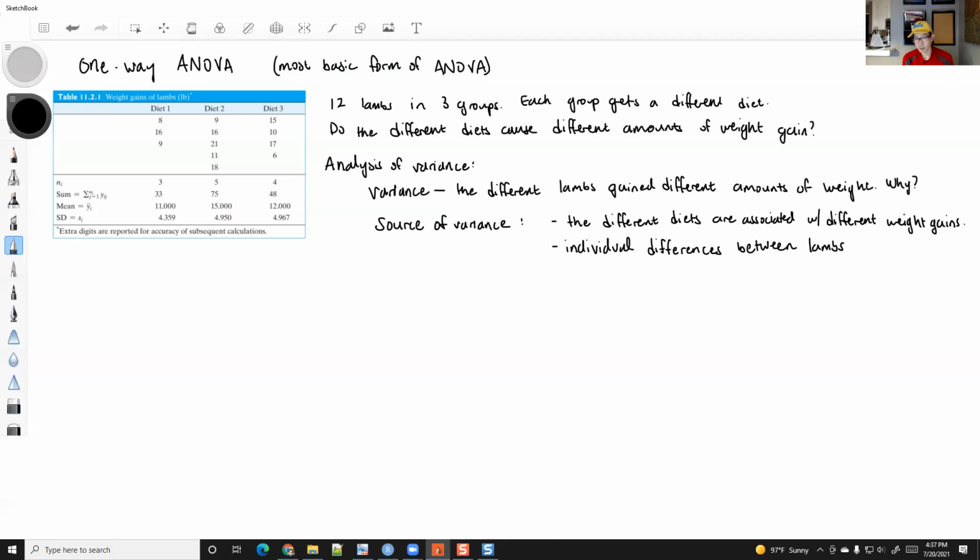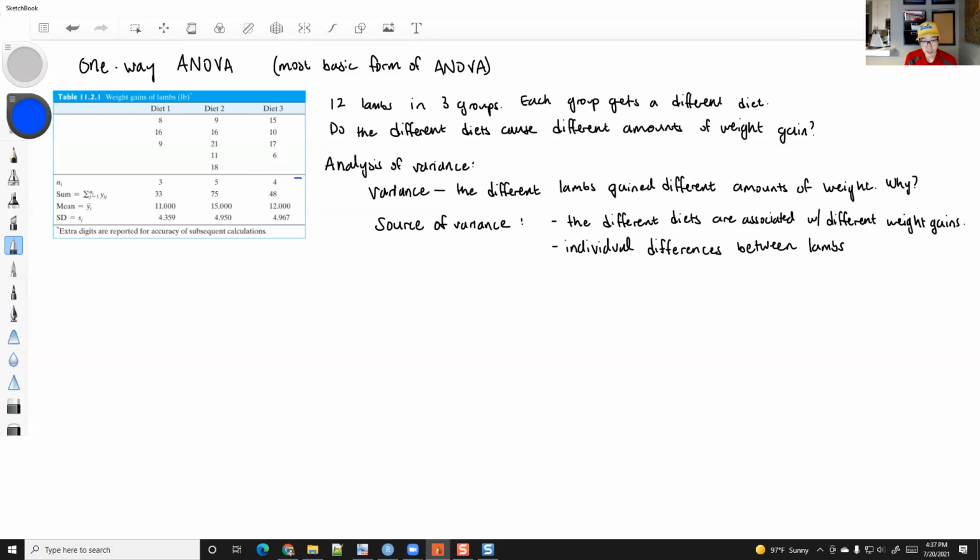And so what we want to do is figure out why some of the lambs gain different amounts of weight. So first we've got to figure out some summary values, right? Here some summary values are provided, okay?